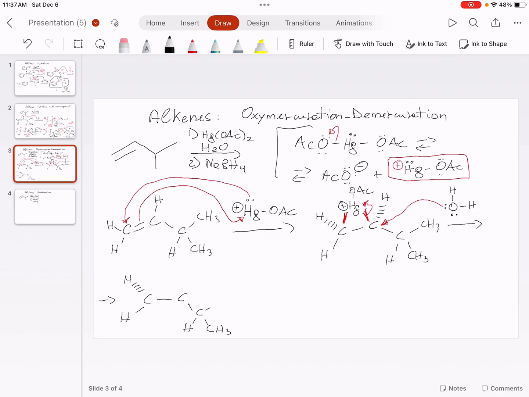So this is the part of the molecule that did not react. So the mercury is going to be on a wedge. It's going to have a lone pair, now is neutral, but the water that came in now is going to be on dash.